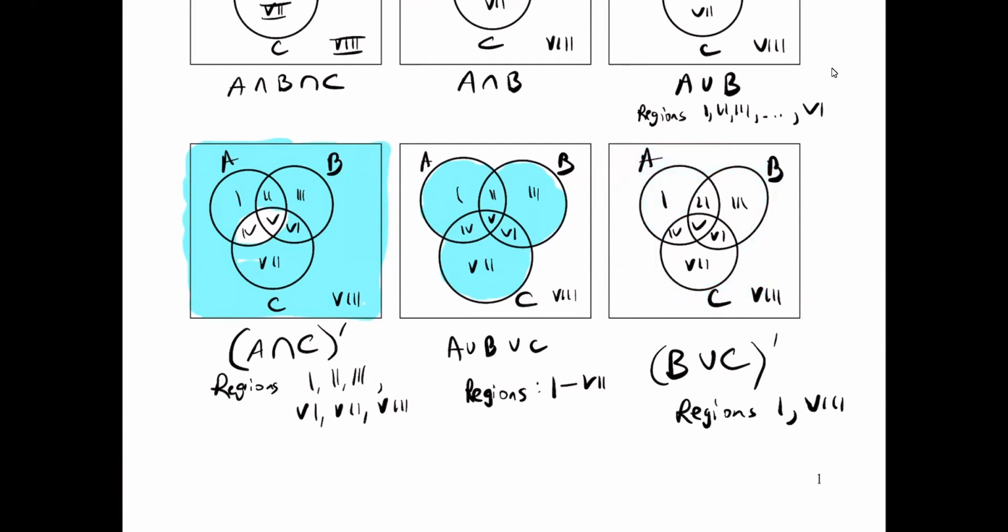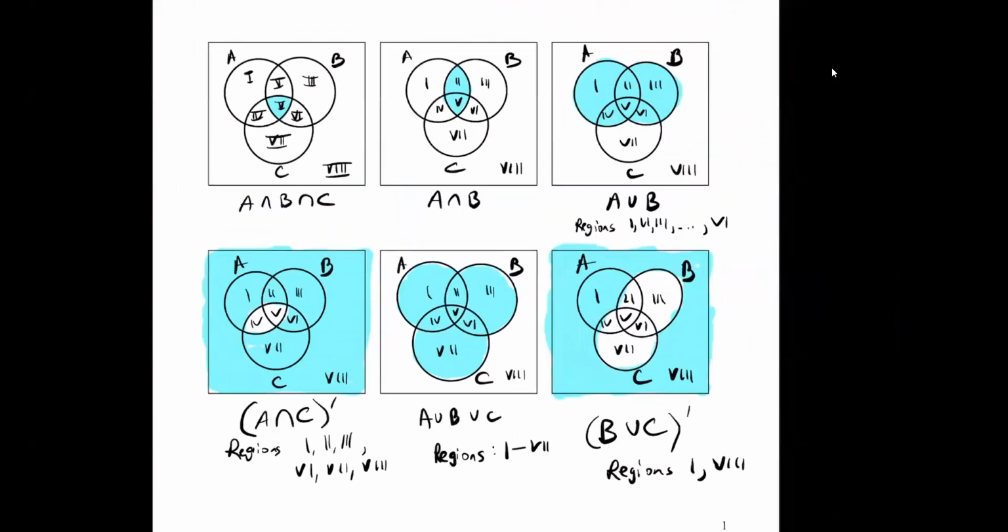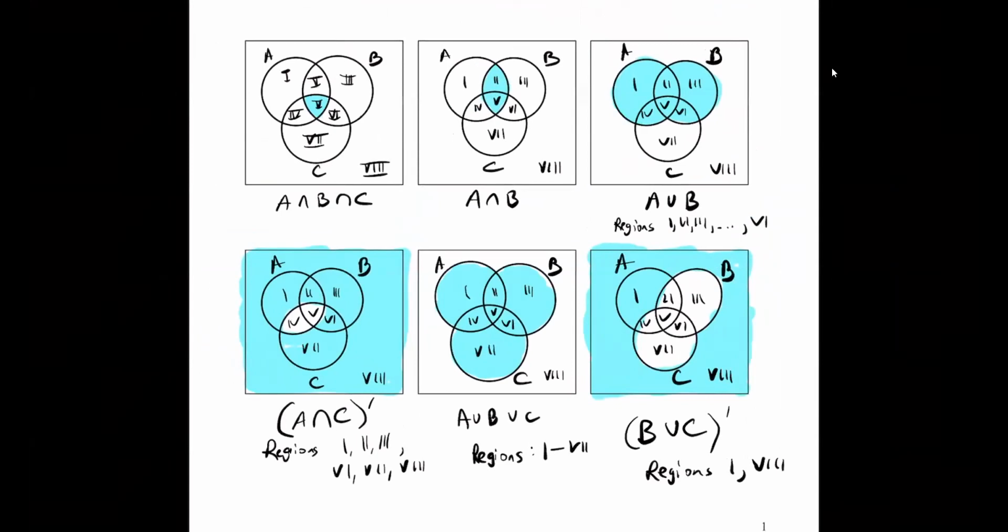Everything outside of B and C, basically. All right, yeah, so everything outside of B and C, very good. So that would be it. All right, so that's how you do these problems. All right, let's move on to see what else there is.